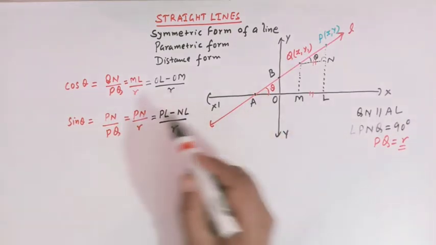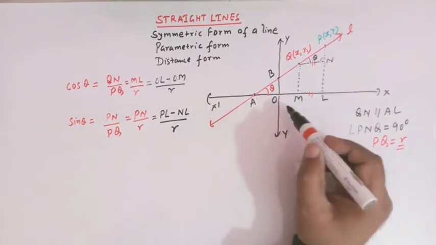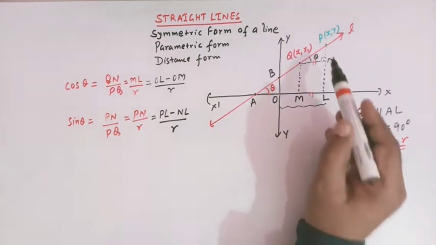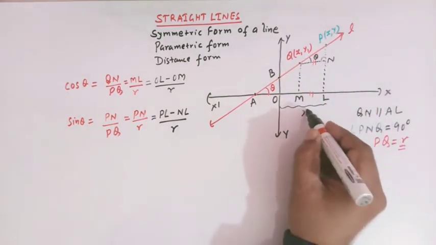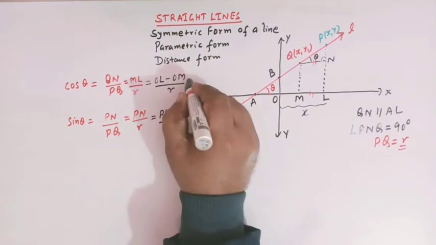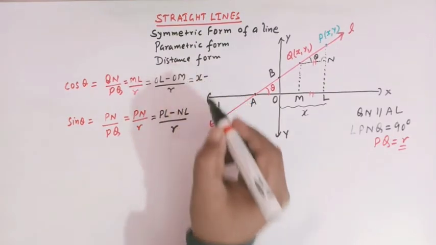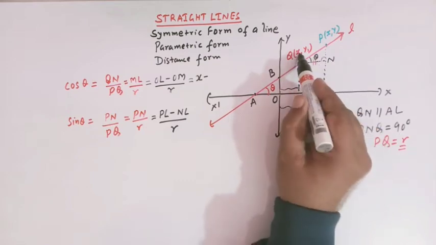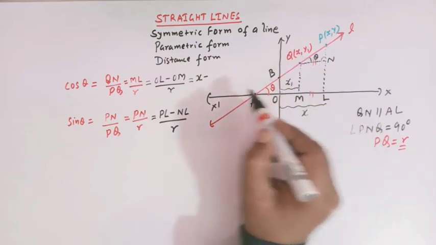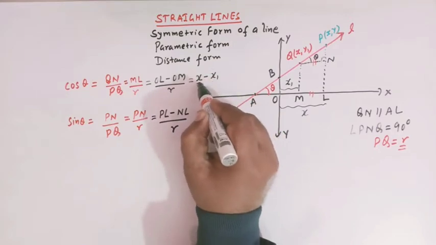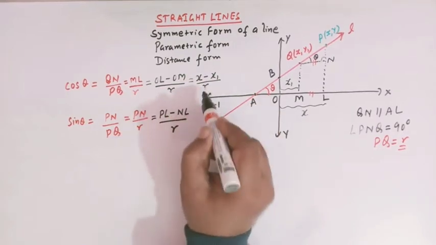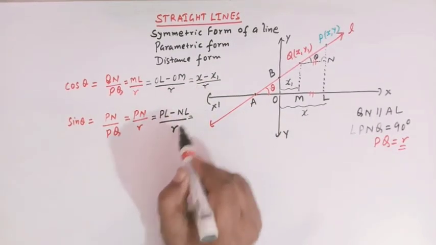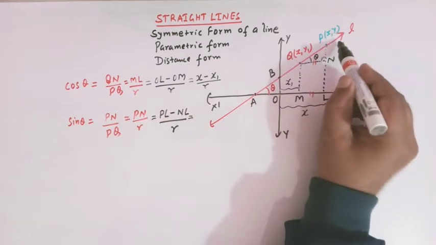Now we can easily see that OL is nothing but our x, and OM is our coordinate x1. So we have x minus x1 over r.